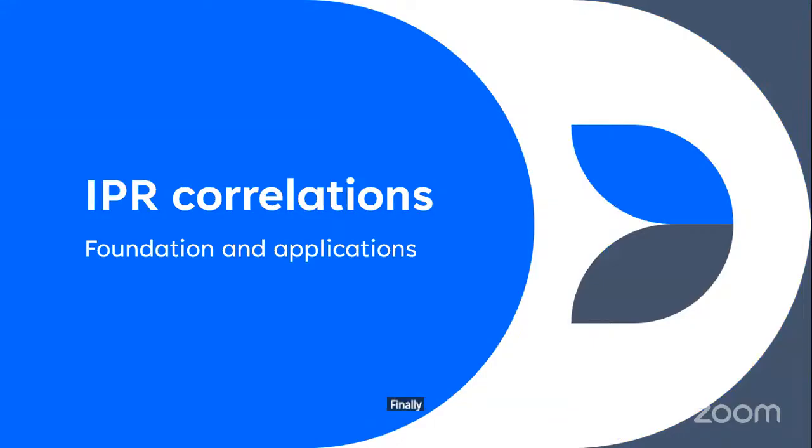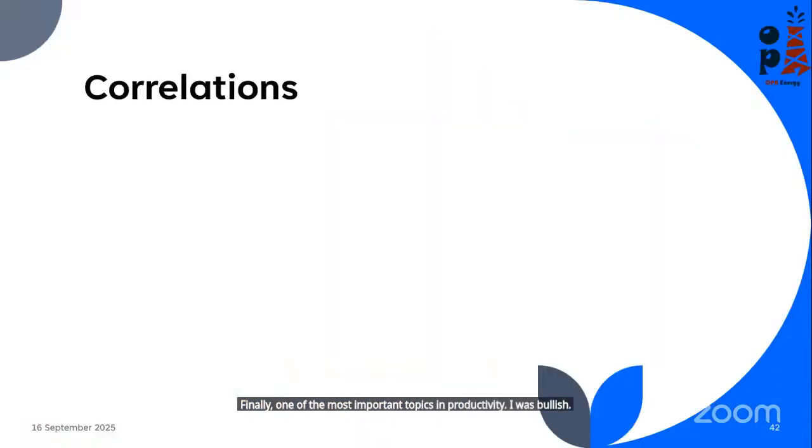Finally, one of the most important topics in productivity is the IPR correlation. Why do we use correlations for IPR and for well deliverability? Because you don't have all the required data to calculate well productivity by hand.